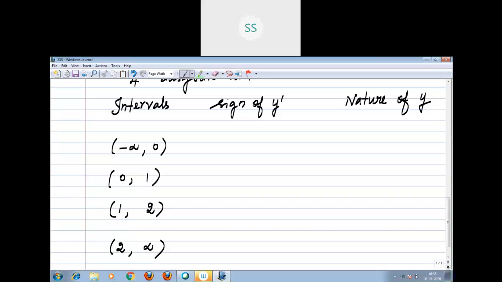Right? Here you can assign any value between minus infinity to 0. If you want, you write here x is equal to minus 1. What is your derivative? That if you want, you write it here. You don't bother, right? You have to write for your convenience. Nothing is wrong. 4x into x minus 2 into x minus 1, right?